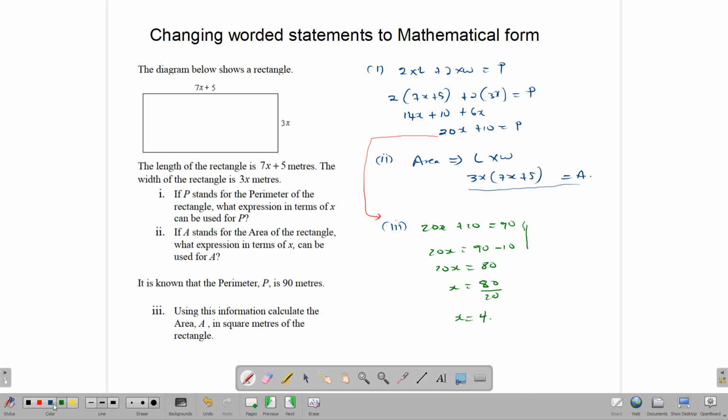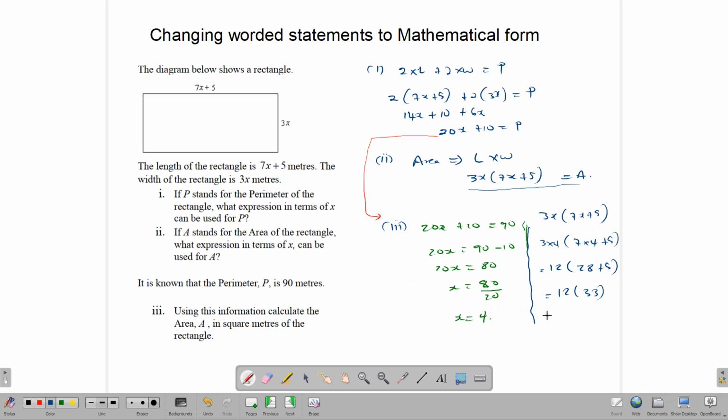The area then is going to be equal to 3x times 7x plus 5, which means 3 times 4 times 7 times 4 plus 5. 3 times 4 is 12, 7 times 4 is 28, plus 5, which means we have 12 times 28 plus 5, 33, and now we multiply our numbers 12 times 33, and we get our answer.